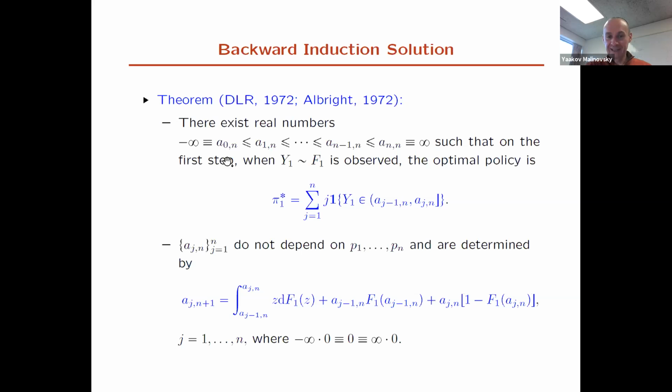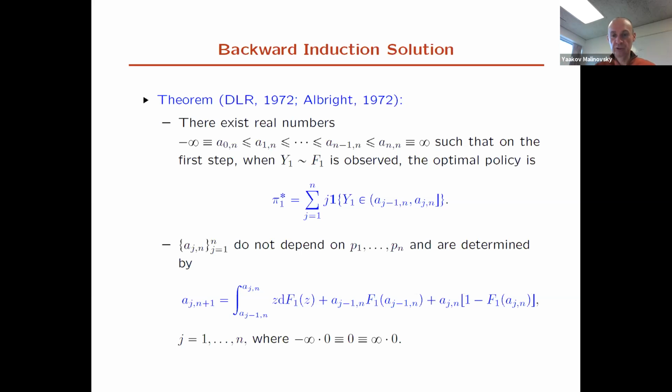Now, how to find these a's? They were found using the idea of backward induction; the proof used the idea of conditional expectation and the rearrangement inequality. The rearrangement inequality says that if you have two sequences of numbers and you multiply them one by one and take the sum of products, then to maximize the sum of products you need to multiply larger by larger, second larger by second larger.